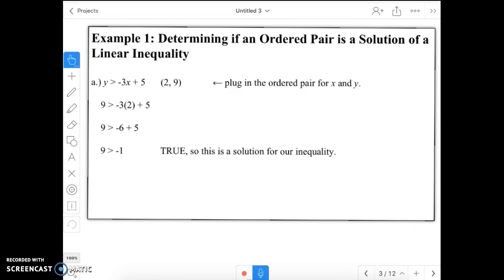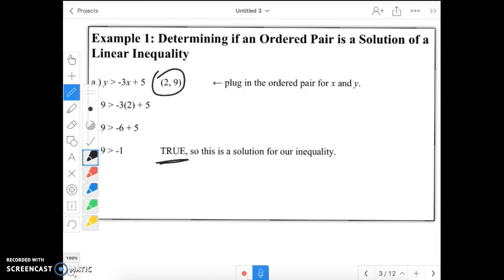So we have 9 is greater than negative 3 times 2 plus 5. That comes down to 9 is greater than negative 6 plus 5, and 9 is greater than negative 1 in the end. Because this is a true statement, the point (2, 9) is in our solution set.